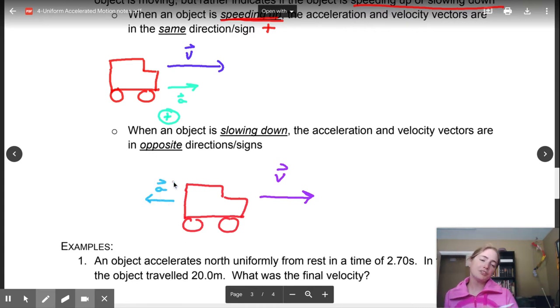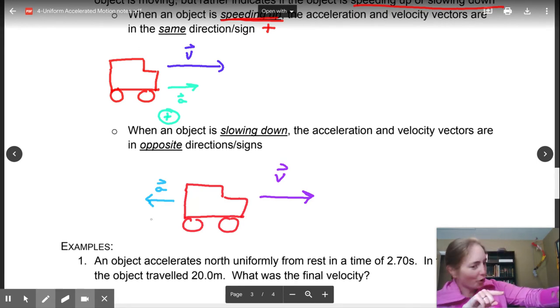Because you are slowing down, your acceleration is going in the opposite direction to the way you are going. Think about when you're driving. Quad, dirt bike, car, pedal bike, whatever vehicle you are on, you're moving forward and you hit those brakes. You slow down, but you are still moving forwards.